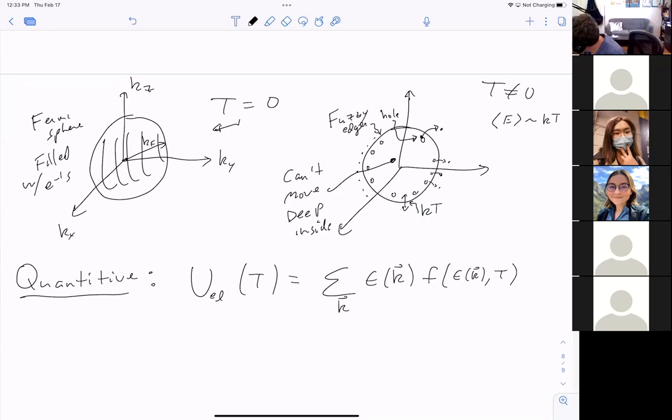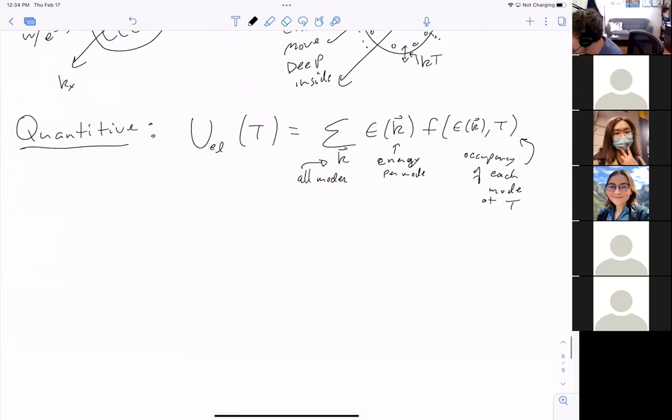This is the occupancy. This is all the modes, but these are electronic modes now, the plane wave states. This is the energy per mode, and this is the occupancy of each mode at temperature T. And so that is the energy at temperature T.